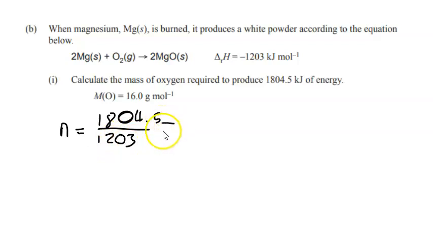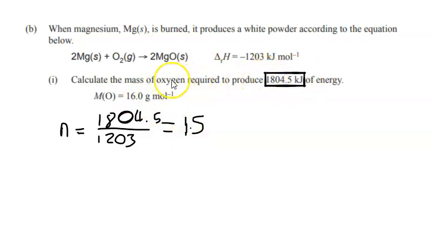I'm just using positive values here because if we're talking about the energy being released, then they're both positive values. That equals, sorry, 1.5. So 1.5 mole of oxygen gas is required to release this much energy.